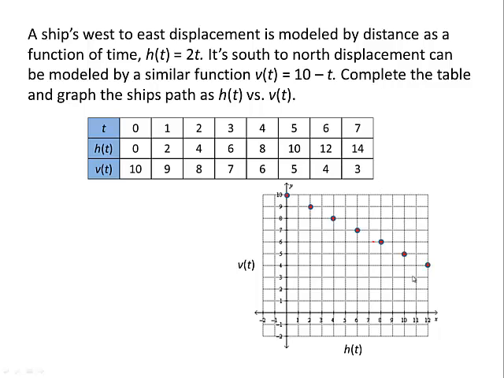And then this one, I don't have the graph large enough to graph that, so I'm not going to worry about that. But what that gives us is that over the course of time, from 0 units of time, like 0 seconds or minutes or hours, to 7 hours, the ship is going in this direction. Okay, that's what the parametric equations give us.